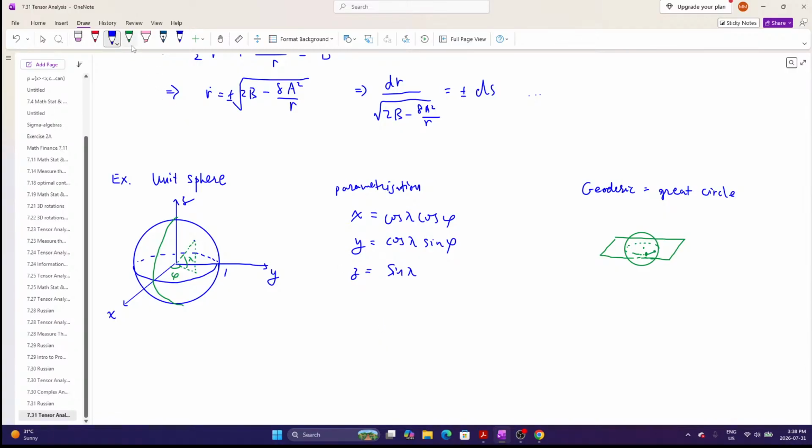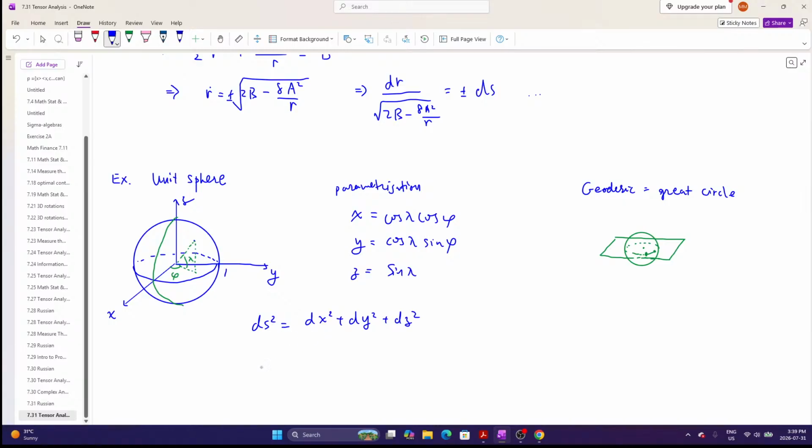So the line element on the sphere: ds squared is dx squared plus dy squared plus dz squared. So starting from this one, the background helper Cartesian coordinate. And then let's just calculate dx, dy, dz, right?